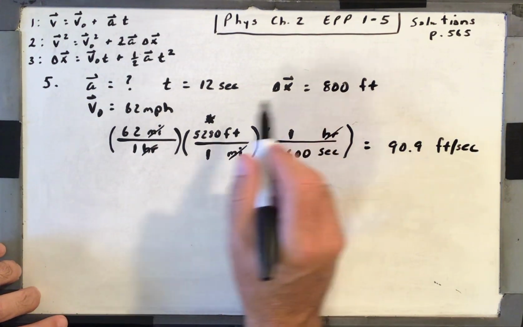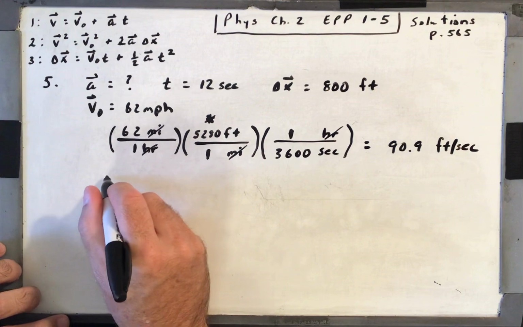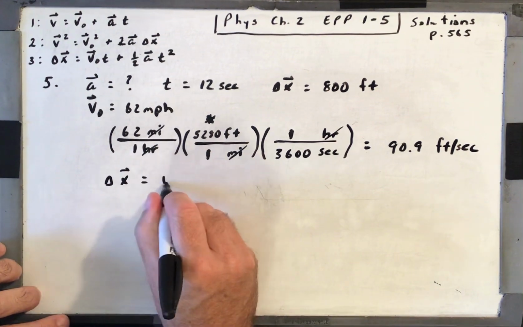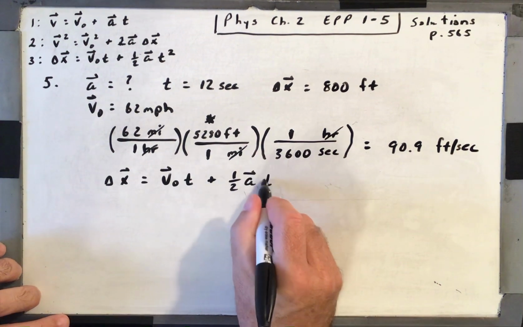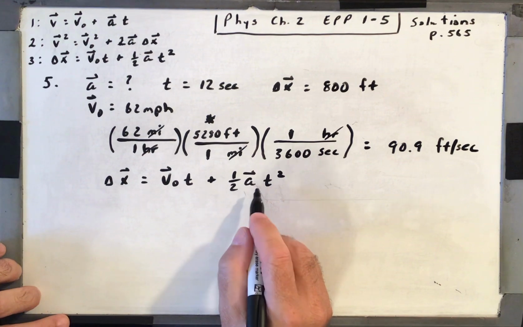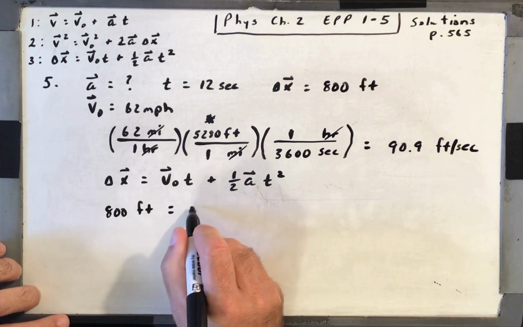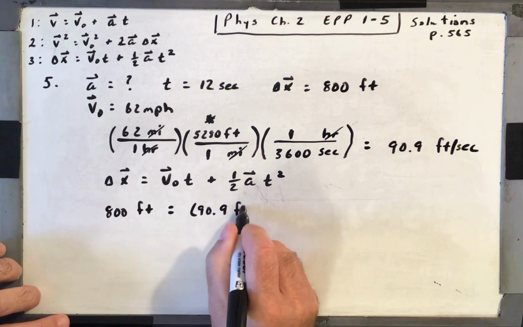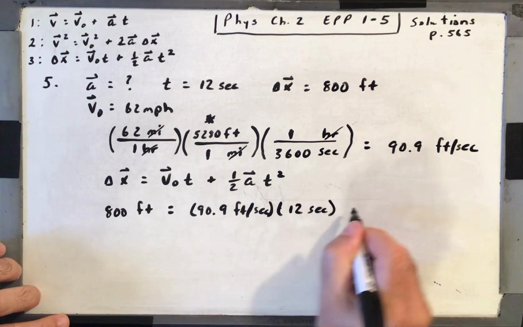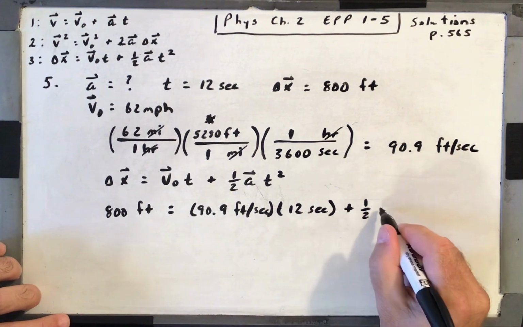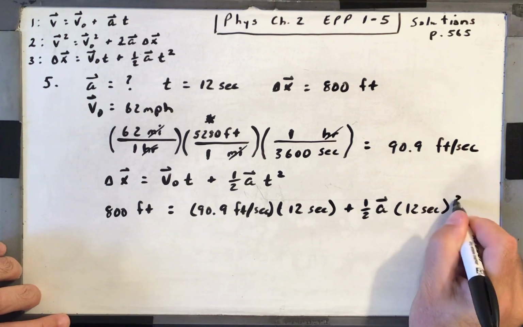So this is an equation where we have time and displacement. That's going to be equation 3. So delta x is equal to v naught t plus 1/2 a t squared, and we're going to be solving for a here. So I've got 800 feet is equal to 90.9 times 12 seconds plus 1/2 times acceleration times 12 seconds all squared.